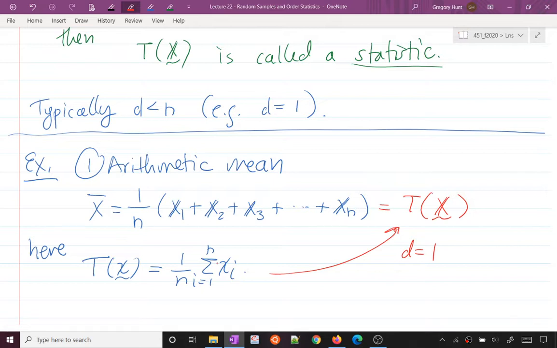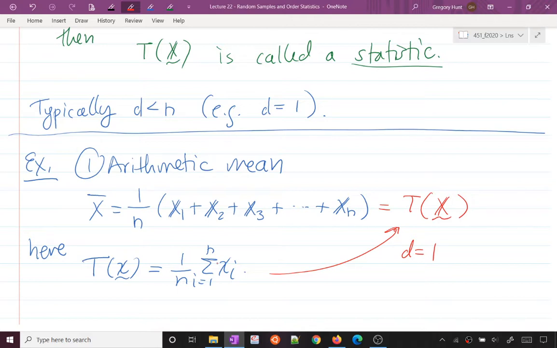But now we've had this whole class on probability, and so you could ask things about the arithmetic mean. If I know something about the distribution of my x sub i's, maybe they're a random sample from some known distribution, what do I know about my arithmetic mean? We have the tools now to talk about some of this.